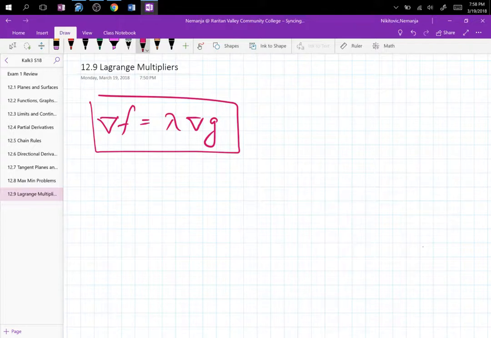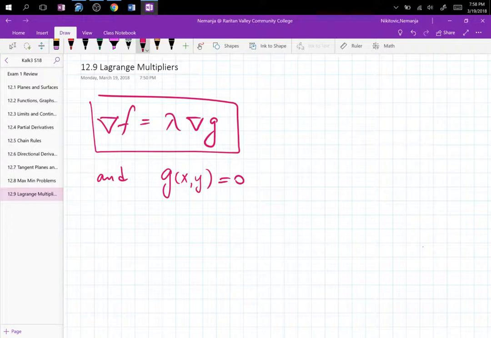Whether you have a 2D system, 3D system, 10D system, it doesn't matter. This equation holds through the dimensions. So that's the equation, and then g of x, y, z, whatever, equals 0 gives you enough equations to solve the system.